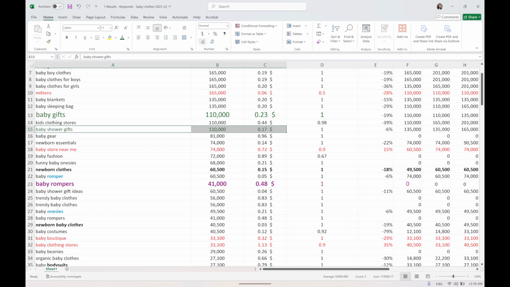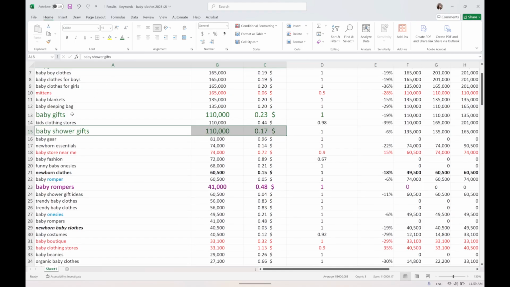Even though it is a longer keyword, as you can see, it has 3 words compared to 2, it maintained the same search volume and lower CPC. This is a keyword that we should pay very close attention to. Do you see that? Now, if you make it a little bit longer, baby shower gift ideas.